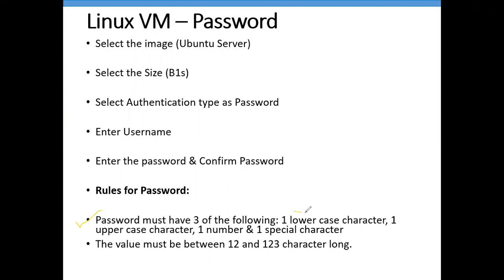Means 1 lowercase, 1 uppercase, 1 number, or 1 special character. Out of these 4 things, you need to use at least 3 when you are giving your password, and your password must be minimum 12 and maximum 123 characters long. It is mandatory.